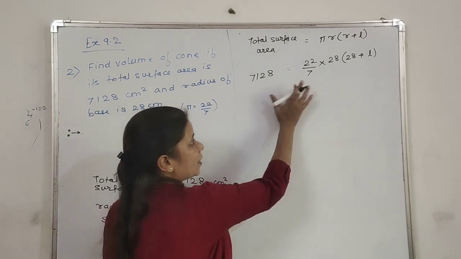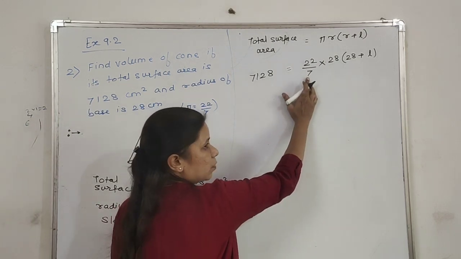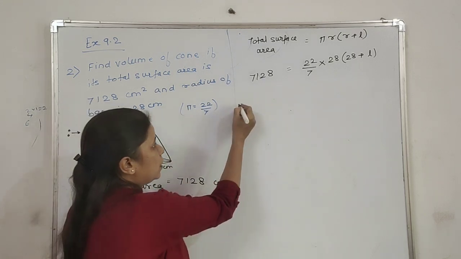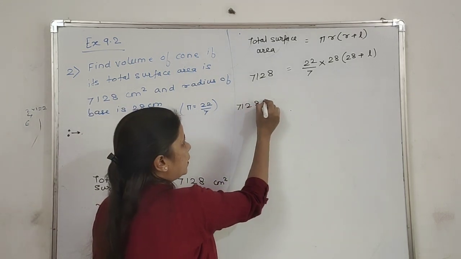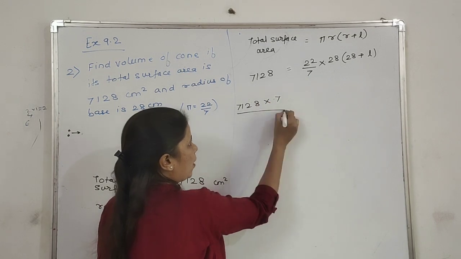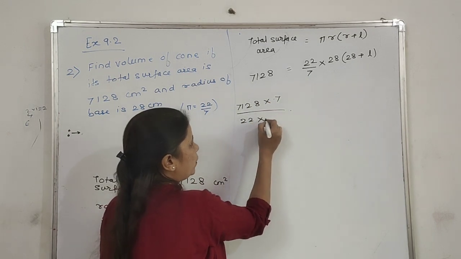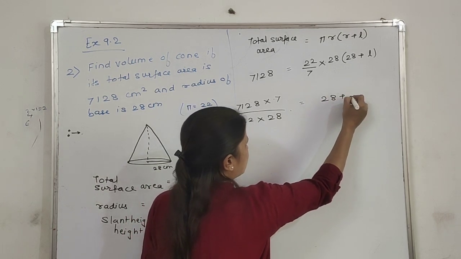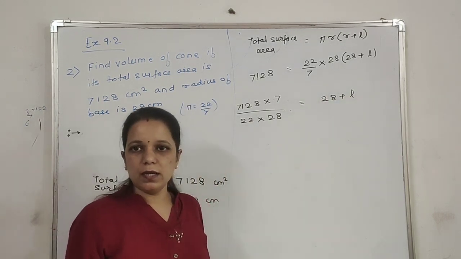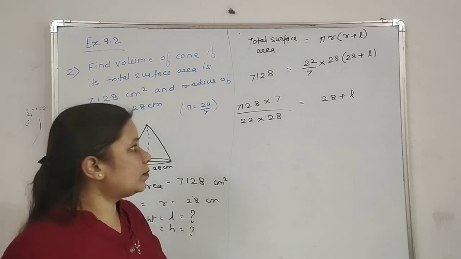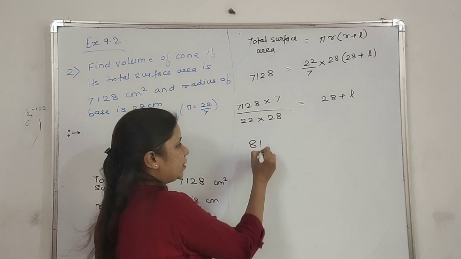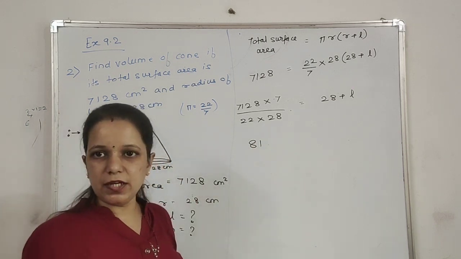Now the calculation part is very simple. Whatever is in the denominator will go in the numerator. So 7128 into 7 upon 22 into 28 is equal to 28 plus L. After you perform this calculation by reducing it, you will get the answer as 81.